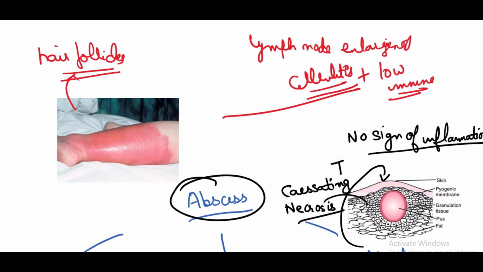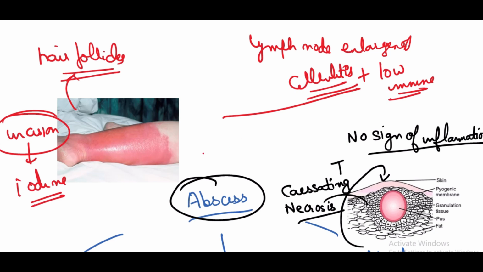So the treatment: you have to keep a good general health. It occurs in patients who have poor health, so improving overall health is important. Apart from that, incision can be given. A touch of iodine helps the pustule drain, and if the pus does not drain spontaneously, you can remove the affected hair that is involved.